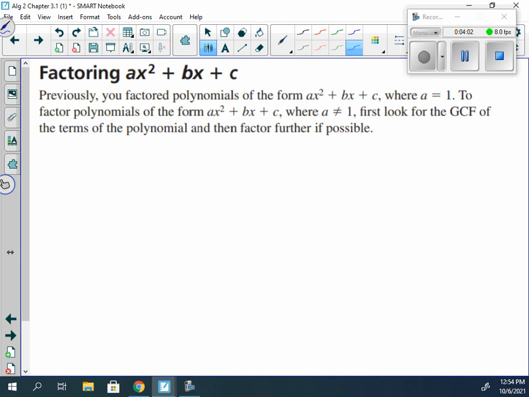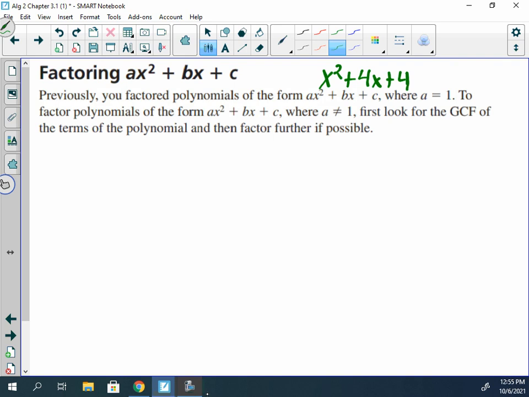Now, we're just going to move on to the page here. Previously you factored polynomials in the form ax squared plus bx plus c, where a is equal to 1. You don't have to write this down, but something like x squared plus 4x plus 4. Y'all did that in Algebra 1, broke it down, and it ended up being x plus 2 times x plus 2.